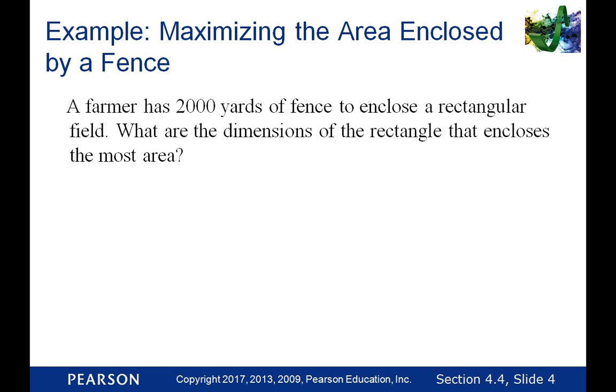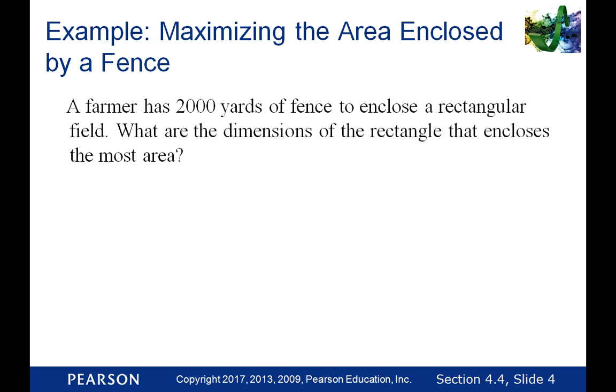Okay, so we've got a rectangular field. So envision in your head a rectangle, and we don't know the dimensions of that rectangle. We want to maximize the area. So what's the formula for area of a rectangle? Length times width, right?